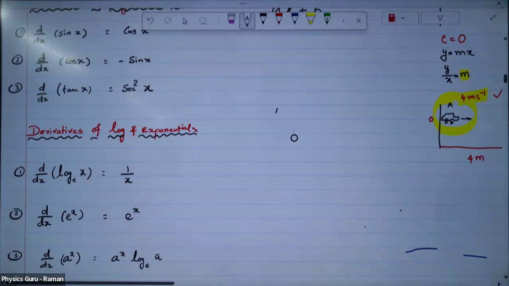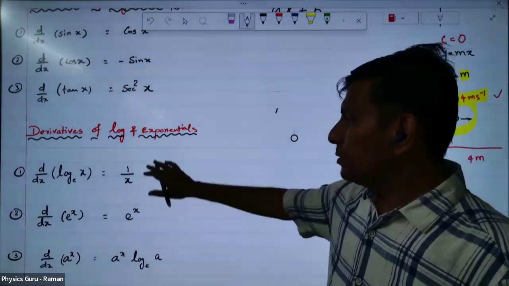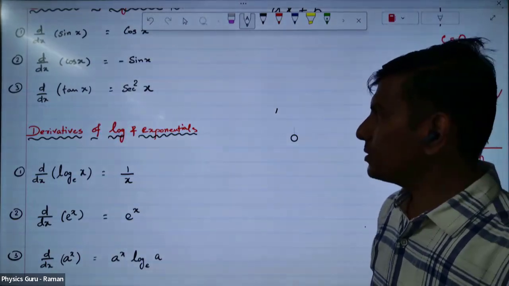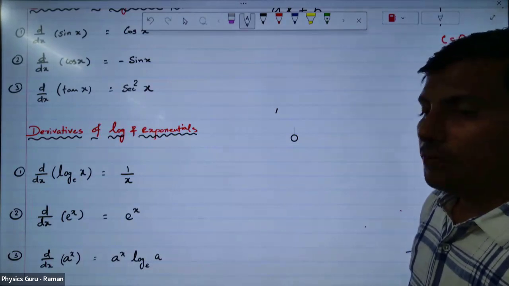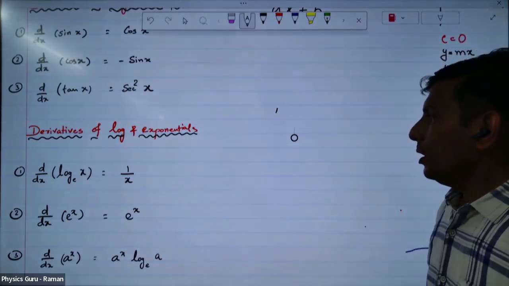Okay? Sir, I have to copy the log and exponential. Yes. Totally 15 formulae: 9 from general derivatives, 3 from trigonometry, and 3 from logarithmic.